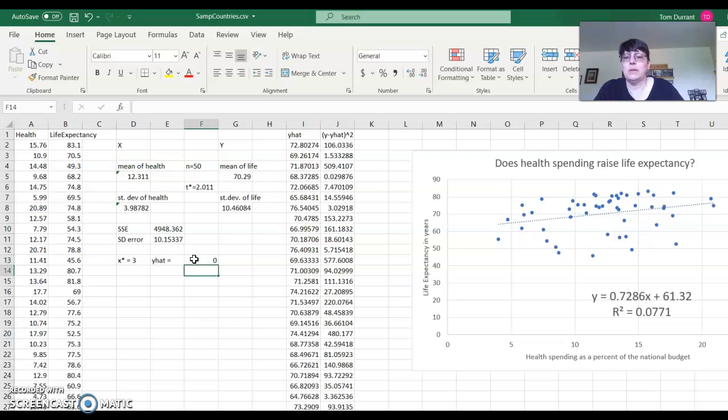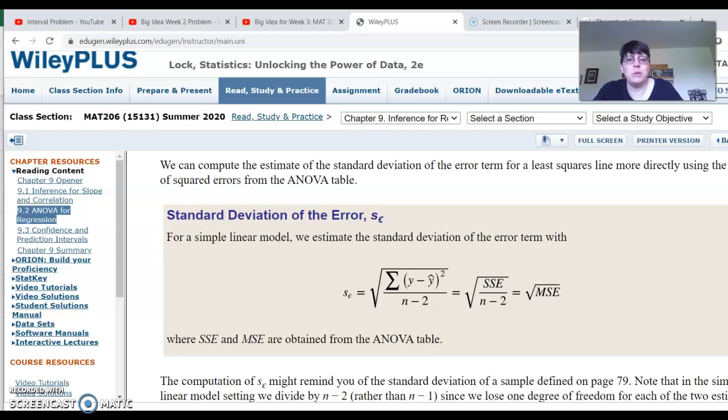I53. No, how about 52? 52. Okay, so let's use the formula and look at it. I'm going to pause and pull that up.